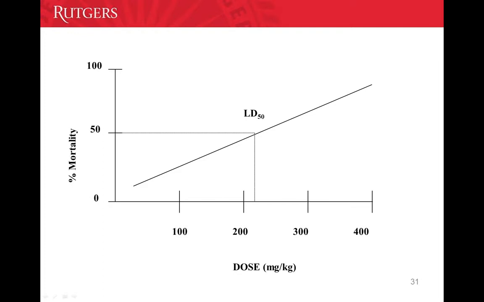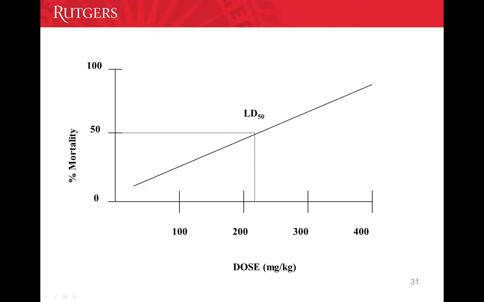We fed the rats and looked for the number that died. Usually when you do these studies, you have a range of doses, and you have the same kind of rat or mouse or other test animal, and you feed them those different doses and look for the effects.